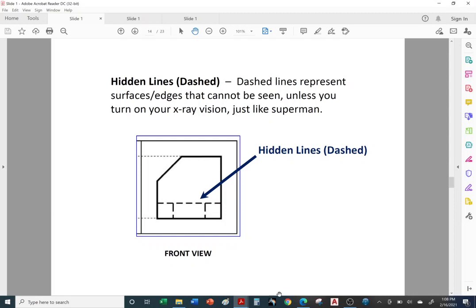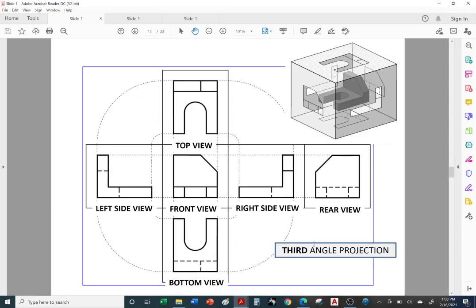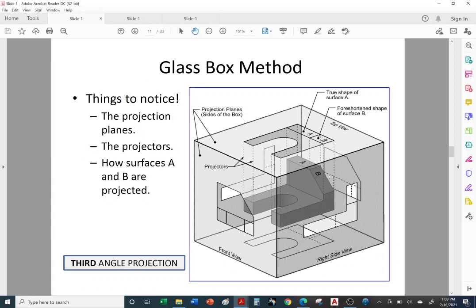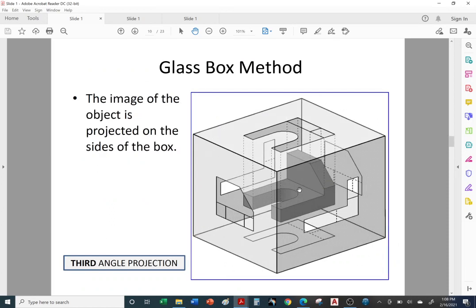Okay, so we've been talking about third angle projection. For first angle, they do things a little differently. First angle projection, which we don't cover in this class, we're only going to cover third angle. They actually project the views in the opposite direction.